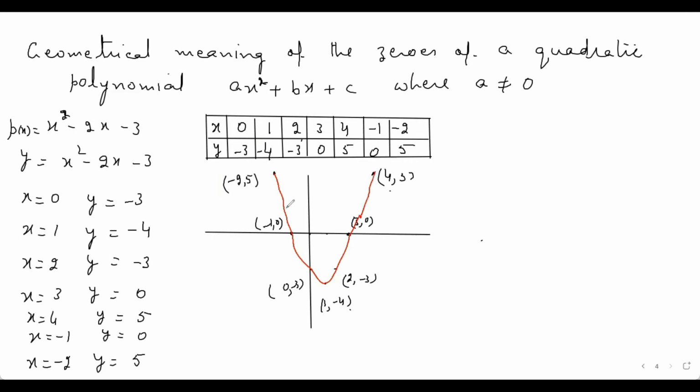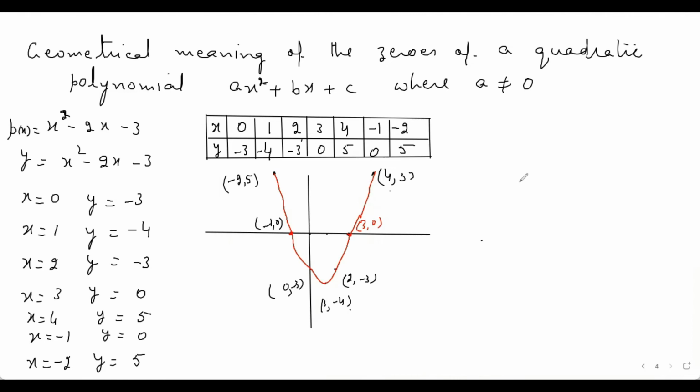So I have joined these points with a free hand. It is a parabola. And this point is minus 1, 0, and this point is 3, 0. Now this is the geometrical representation of a quadratic polynomial.